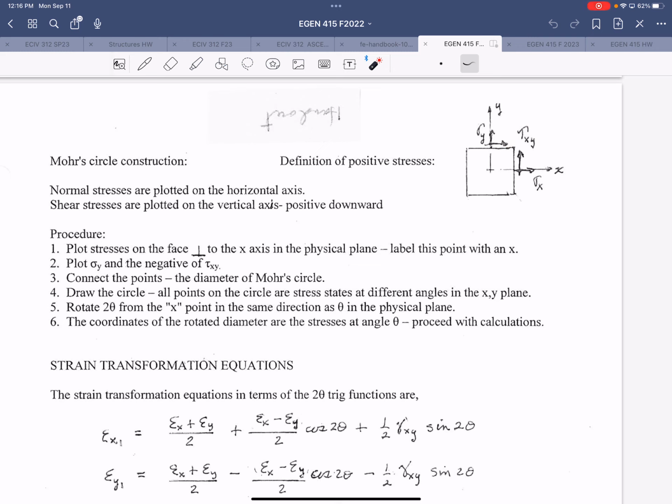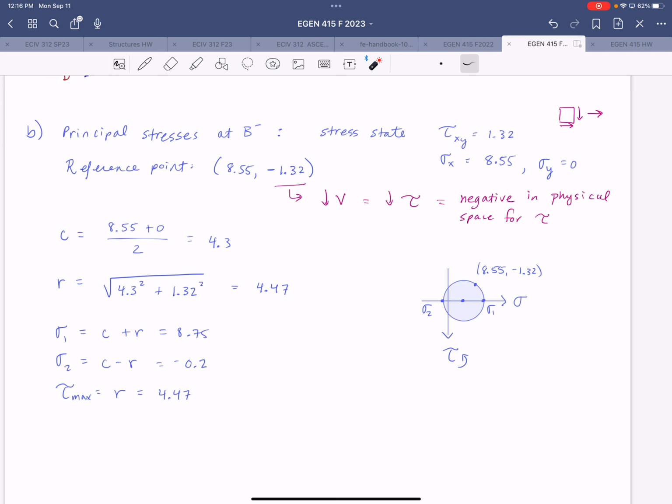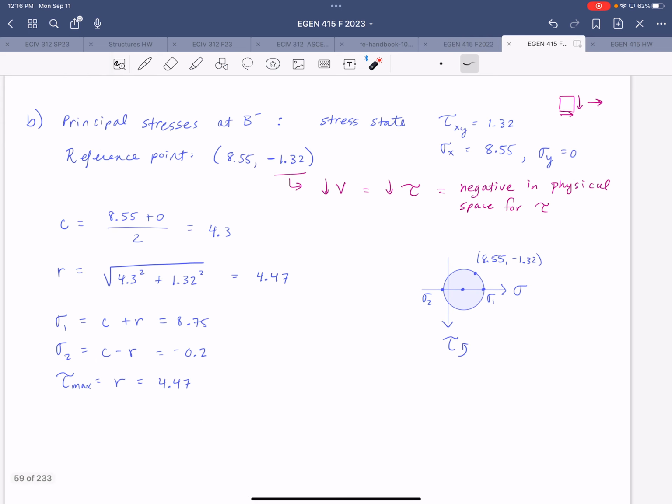So we can see that when we go to Mohr's circle, for example, remember Mohr's circle is twice the rotation of what you would have in the physical. So directly opposite our reference point should land us at sigma y equals 0, right? So that's what this point opposite our reference point represents.